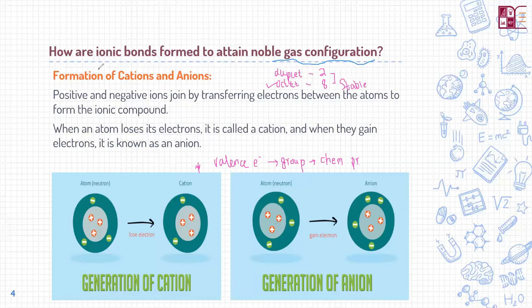Because today's topic is ionic bonding, in ionic bonds the valence electrons are transferred between the atoms.